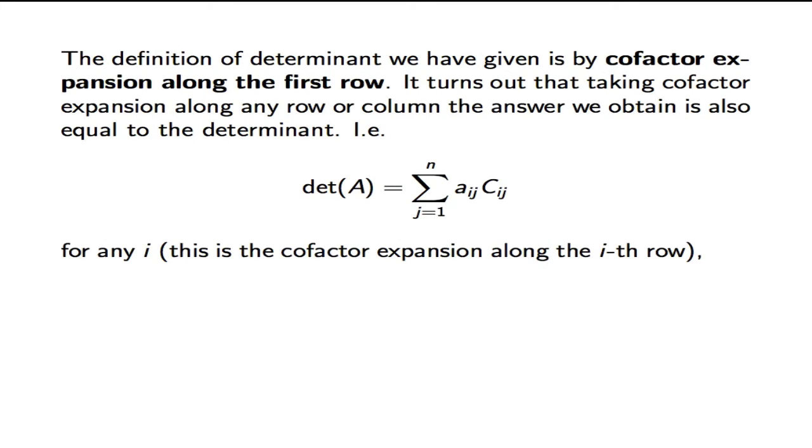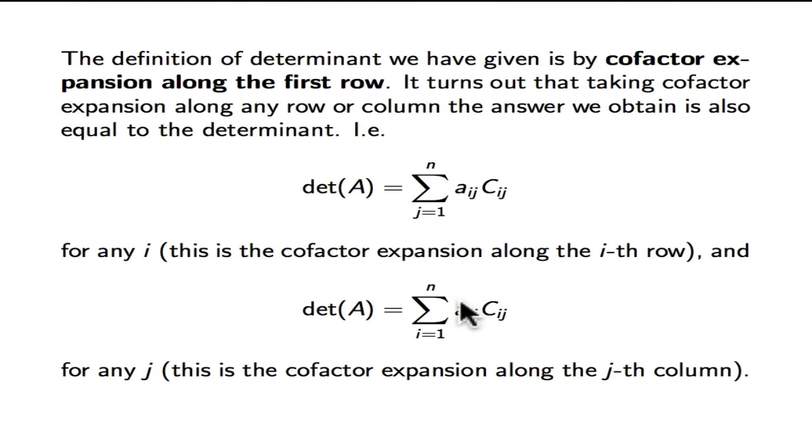So for example, the determinant of A is also equal to the sum from j equals 1 up to n of Aij, Cij for any i. This is the cofactor expansion along the ith row. When i was equal to 1, it was the cofactor expansion along the first row. But if instead we look at the second row, then again the determinant is going to be equal to this cofactor expansion.